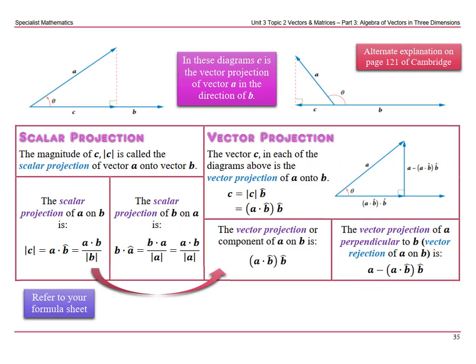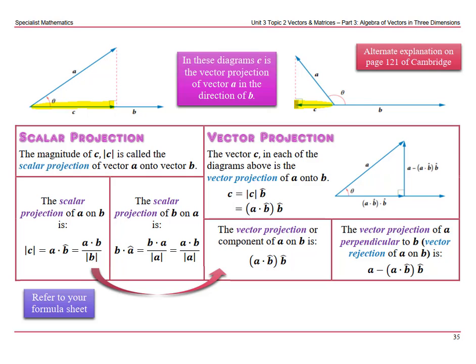So first of all, let's look at these two diagrams. In these diagrams, C is the vector projection of vector A in the direction of B. So here's my vector C here, and in my other diagram, there's my vector C there. So one where theta is acute and the other where theta is obtuse.